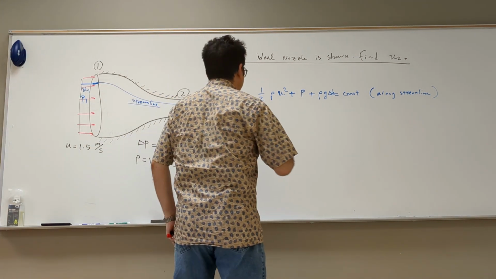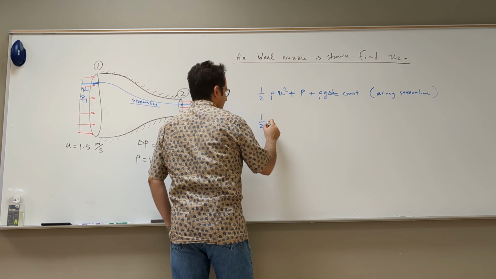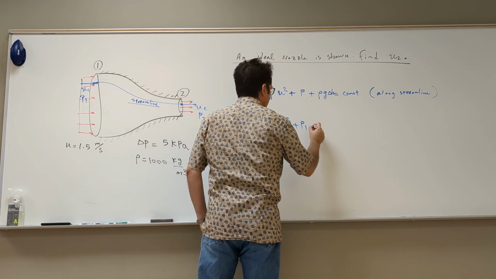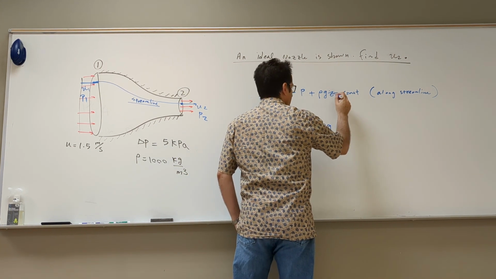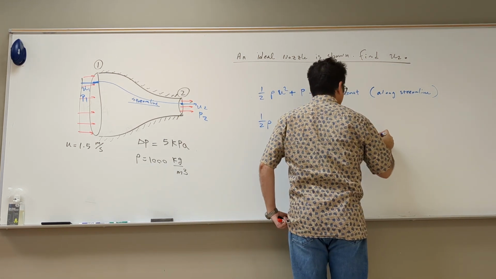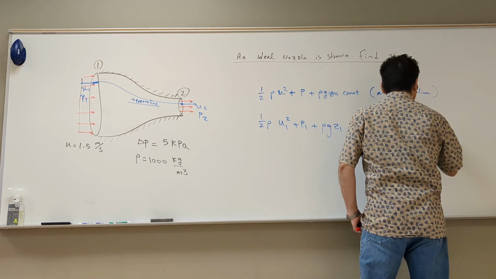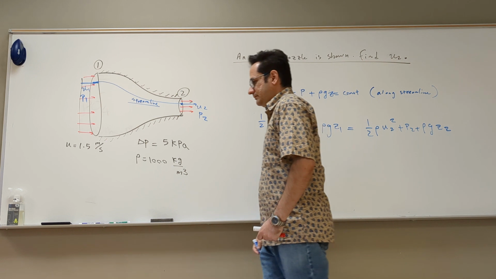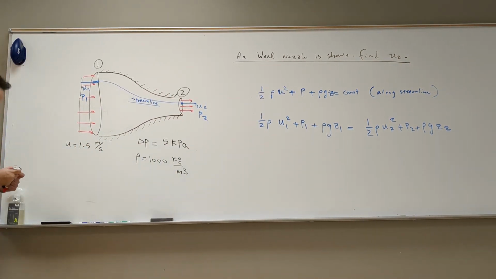So let's write it. So you get 1/2 rho u1 squared plus p1 plus rho g z1 is equal to the same amount at 2: 1/2 rho u2 squared plus p2 plus rho g z2. Now, if you pay attention, there may be a difference in height.